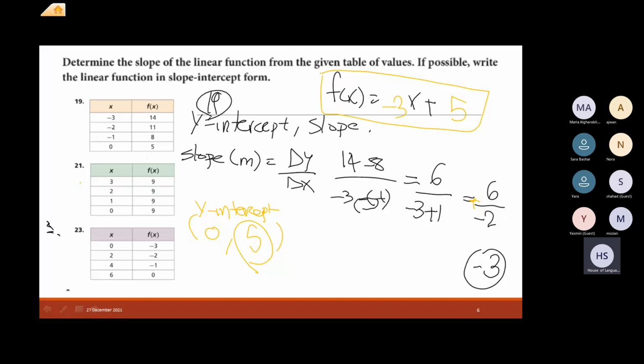No, 21 at the beginning. Let me see. Come here. Okay. I told you, write the linear function or determine the slope, or if possible, write the linear function in slope intercept form. 0 over 1, 1.